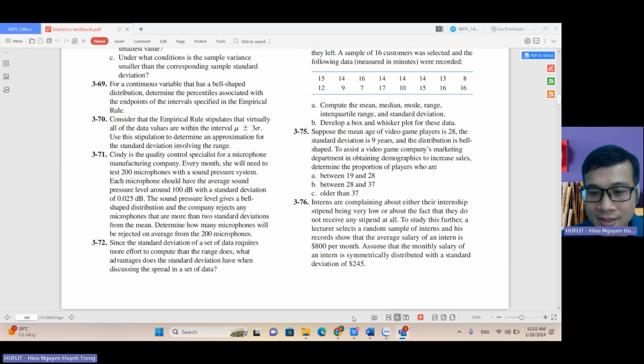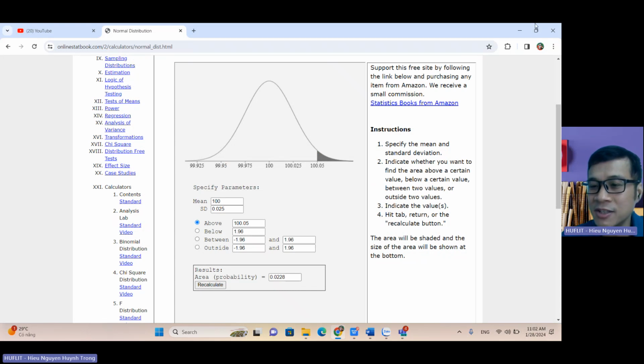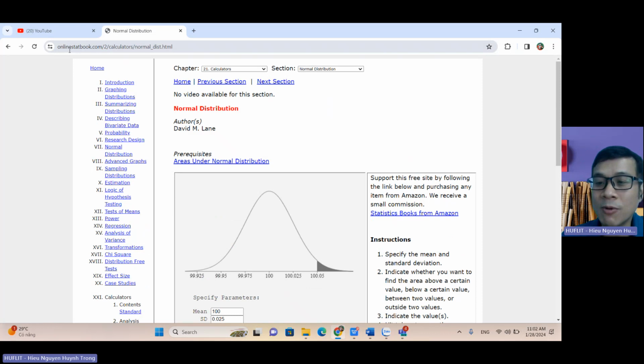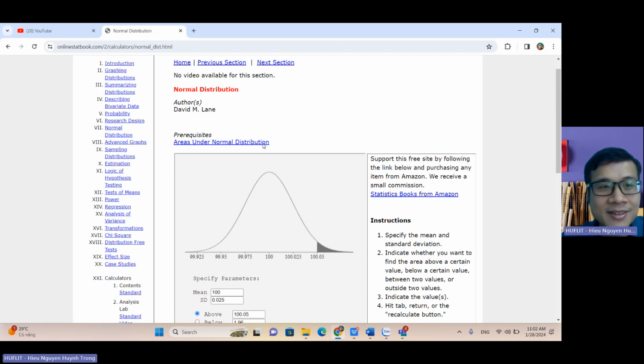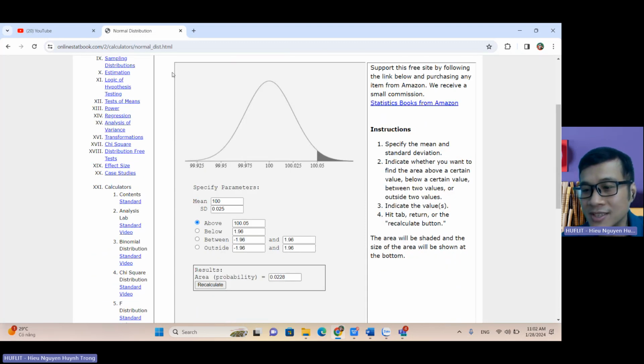Now I will use a website, which is also a very useful tool. You can try the website online stattbook.com, and then you go to this web address. Here you can see that they have a bell shape for you.